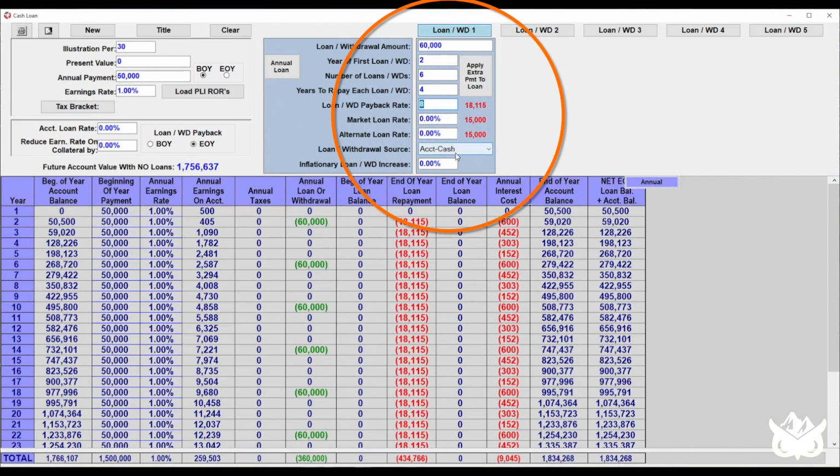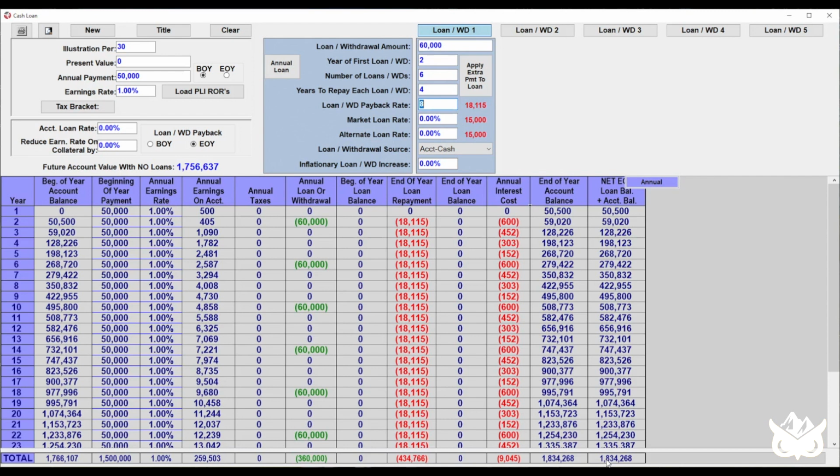And then what it's saying down here is we're going to use a cash account. All that means is that we're going to pull the money from here to use it, and when we pay it back, we'll pay it back, principal and interest, into the cash account. So when you do a $60,000 loan 6 different times and pay it back over 4 years at 8%, this number down here at the bottom is $1.8 million.